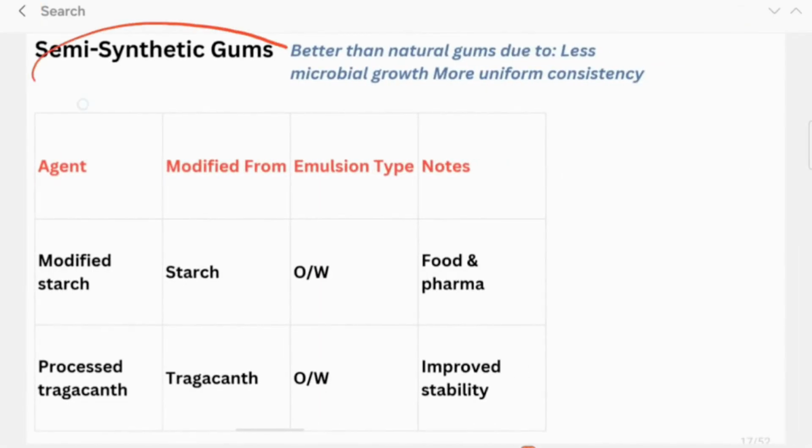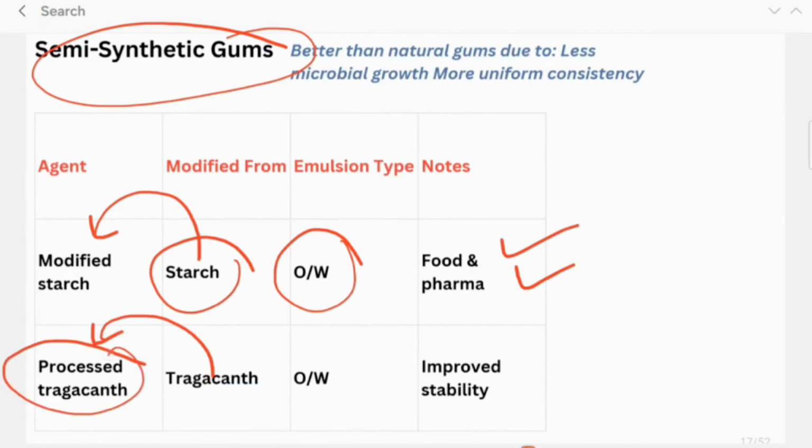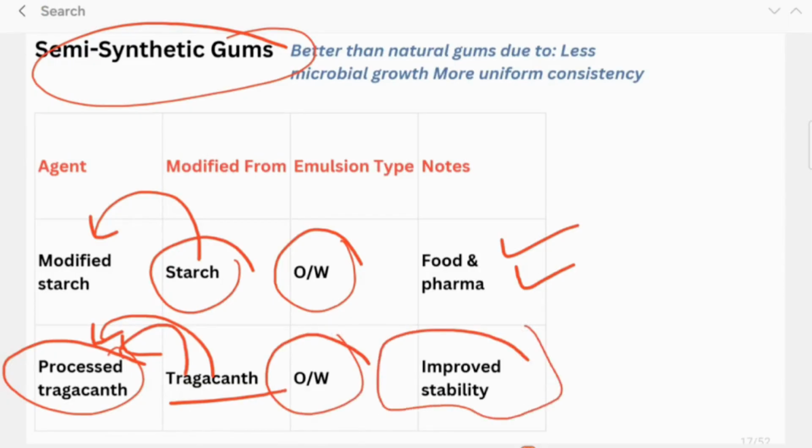Then semisynthetic gums. Here we modify starch. It also produces oil in water type and is used in food and pharmaceutical emulsions. Then tragacanth, that is processed tragacanth. It is naturally occurring, and we chemically modify it. It also produces oil in water emulsions, and we can see enhanced stability in the emulsion.